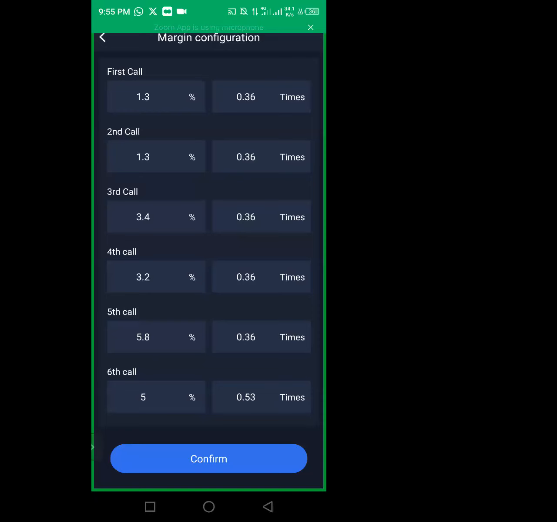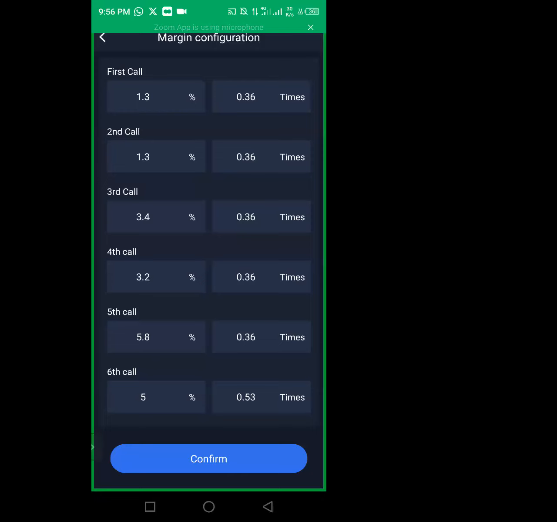Does that mean that if the market drops to 3.4%, it goes up and starts coming down again to 3.2? I was thinking that the third call is supposed to be 3.2, then the fourth call 3.4, progressively in ascending order. And the fifth call is 5.8. That's where I'm confused, so I need a clarification on those.